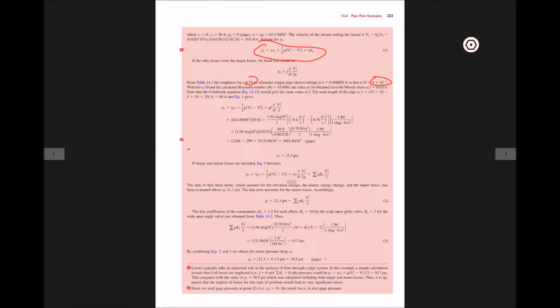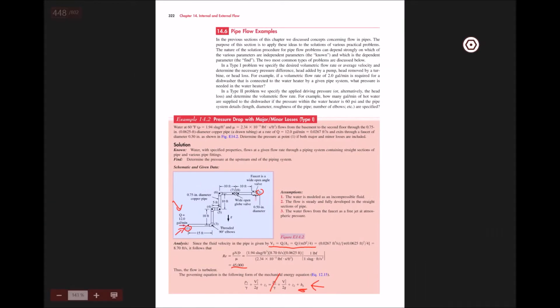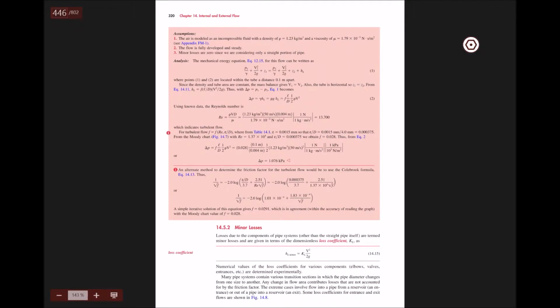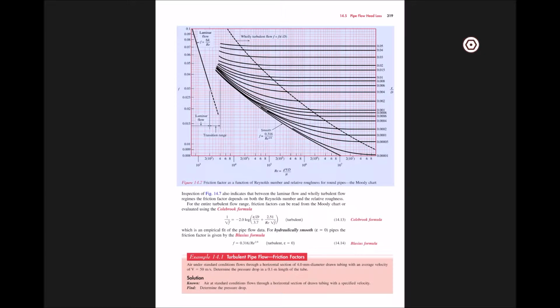We know the Reynolds number we calculated before is 45,000, so we go to the Moody chart. It is actually a bit lower than that. 45,000 is about over here, so if we follow that line, it flattens out about here.